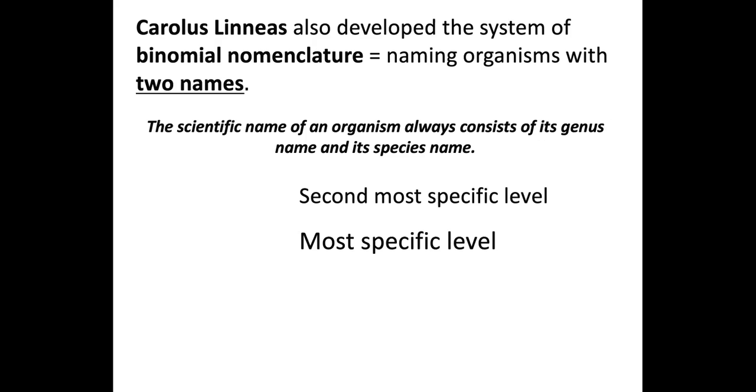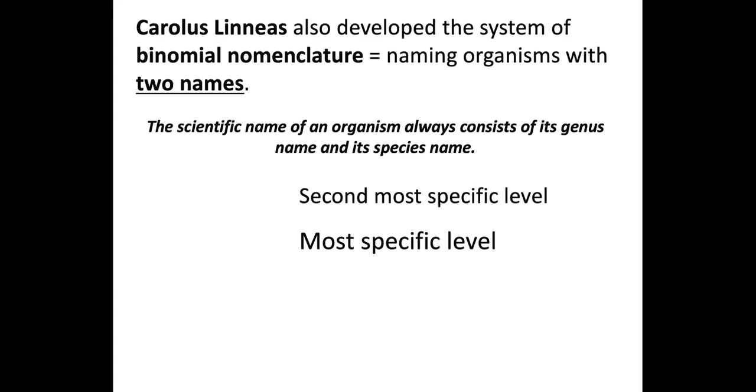When we are naming an organism, the scientific name consists of two parts, the genus and the species. For example, our common name is human. Does anybody know what our scientific name is? Yes, Homo sapiens.